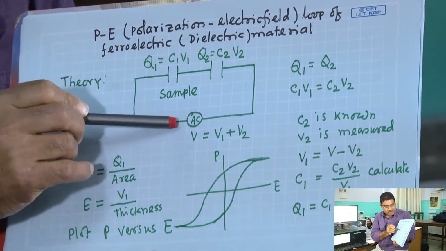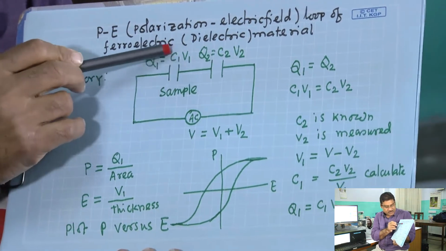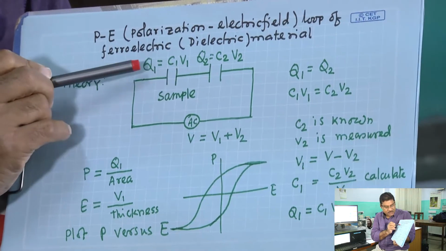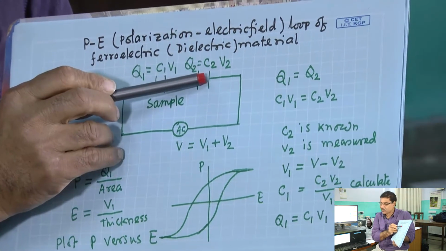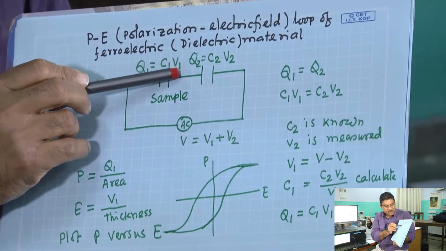Now, the charge stored in capacitor 1 is Q1, and in capacitor 2 is Q2, with corresponding voltage drops V1 and V2.